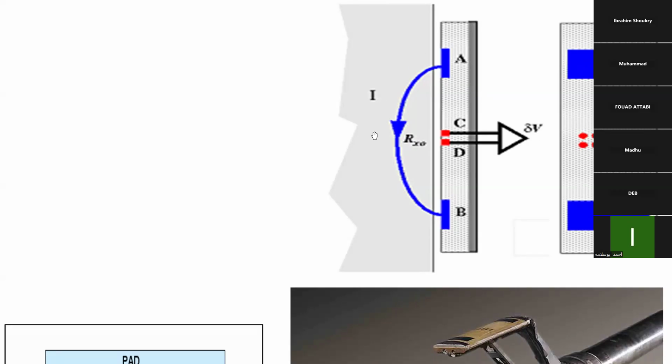So we inject the current coming from A and B, and we measure the delta V between these two potential electrodes.